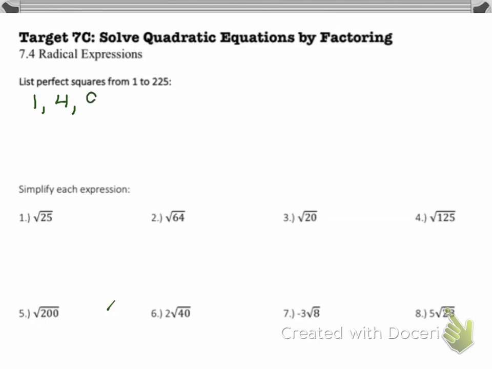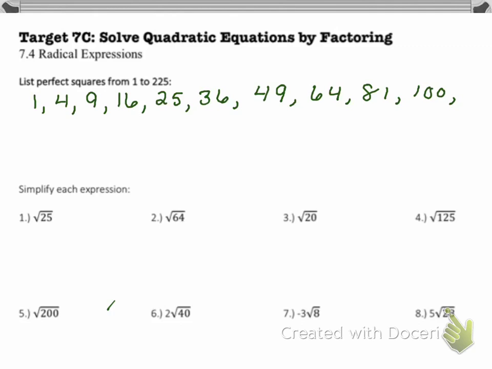We know 9, 16, 25, 36, 49, 64, 81, 100, let's do 121, that would be 11 squared, then 144 is 12 squared. 13 squared is 169.